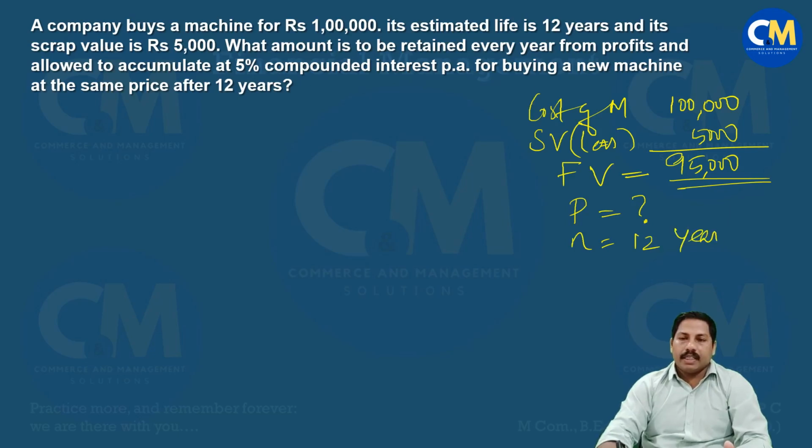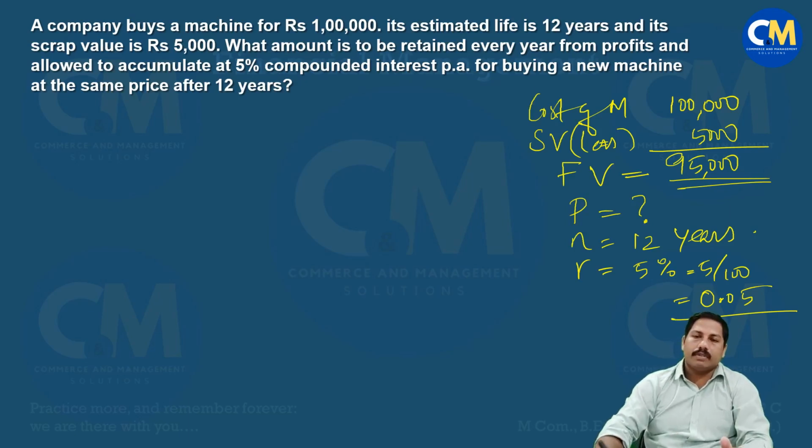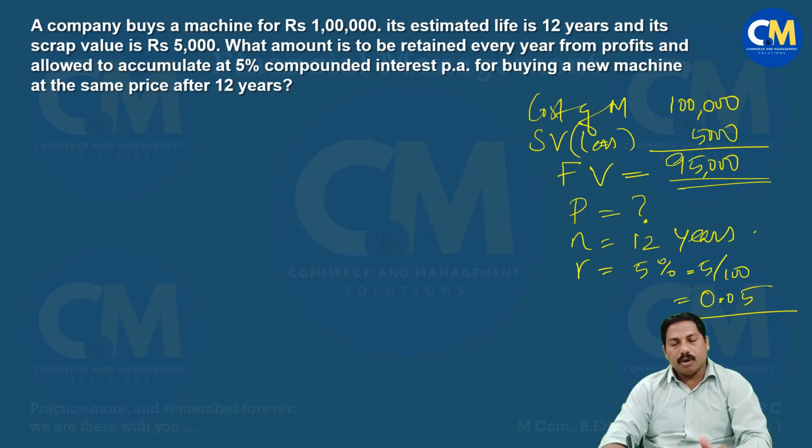Then N is given here, that is 12 years. And the interest rate is also given, 5% per annum, which means 5 divided by 100, so that is equal to 0.05. Now we have all the information to calculate future value. Here nothing has been mentioned whether it is annuity due or normal annuity, so we can take it as normal annuity.